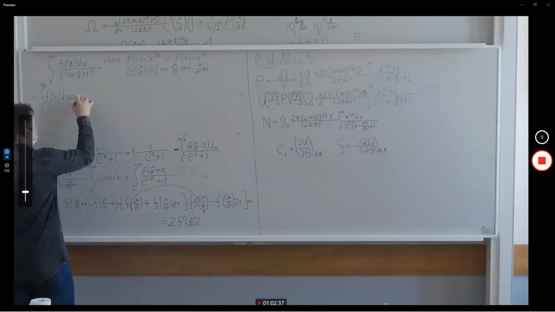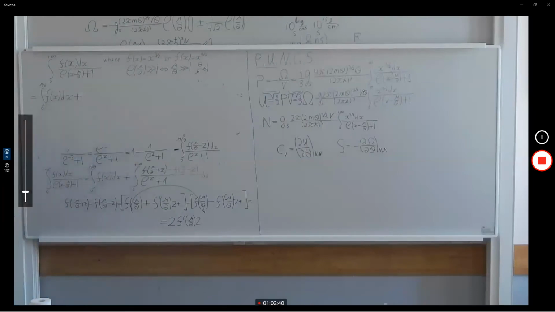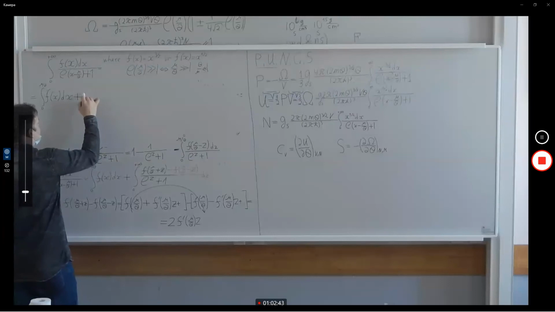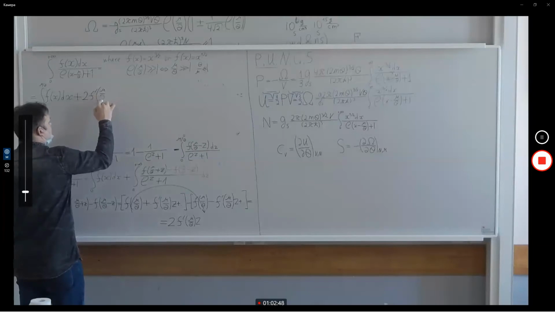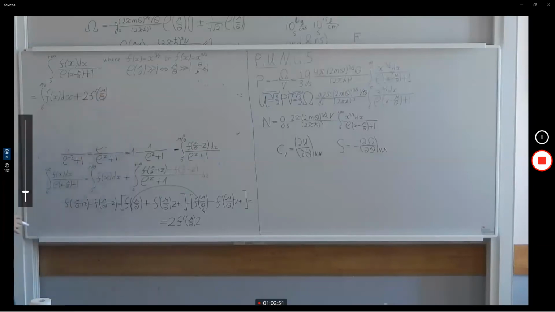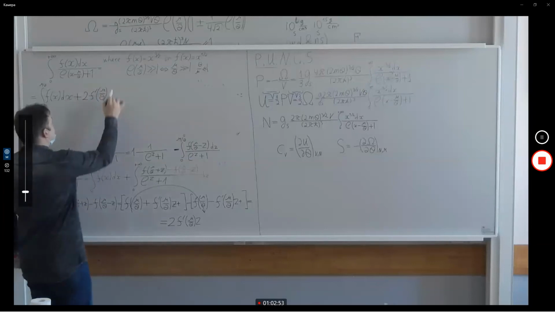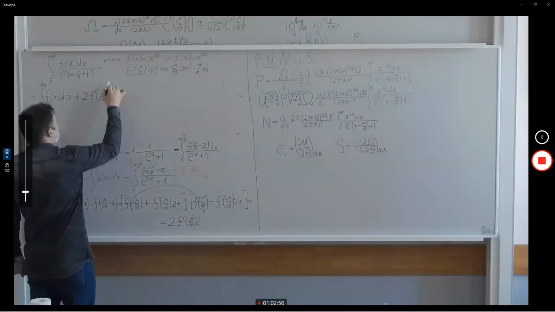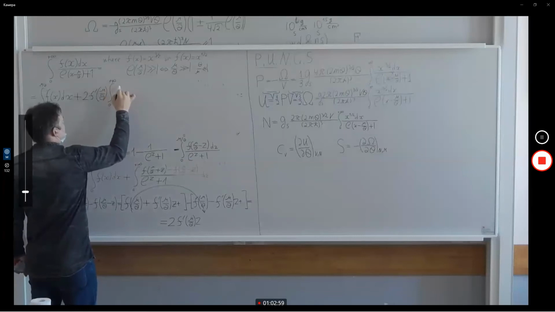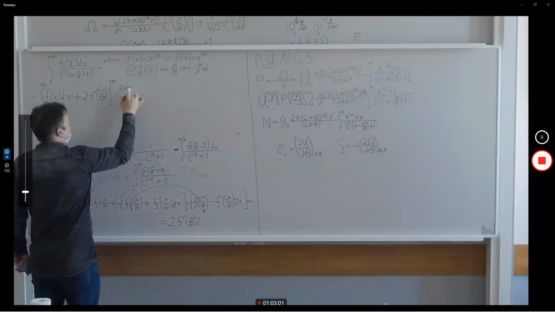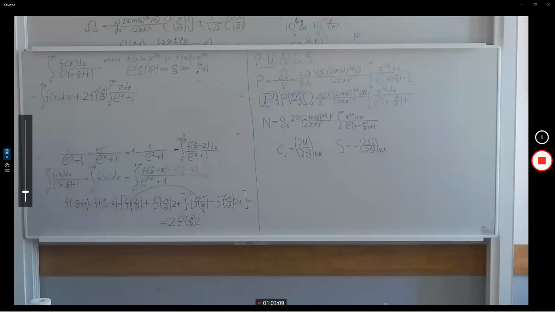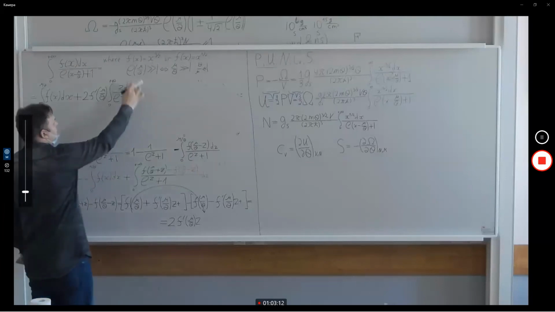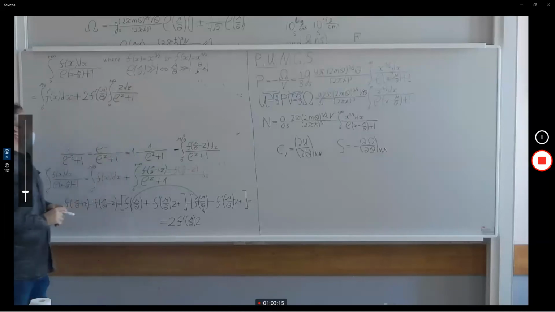And here I will have the first order correction, which equals 2 f prime of mu divided by theta, and here is the integral from 0 to plus infinity of z dz over e to the power z plus 1.